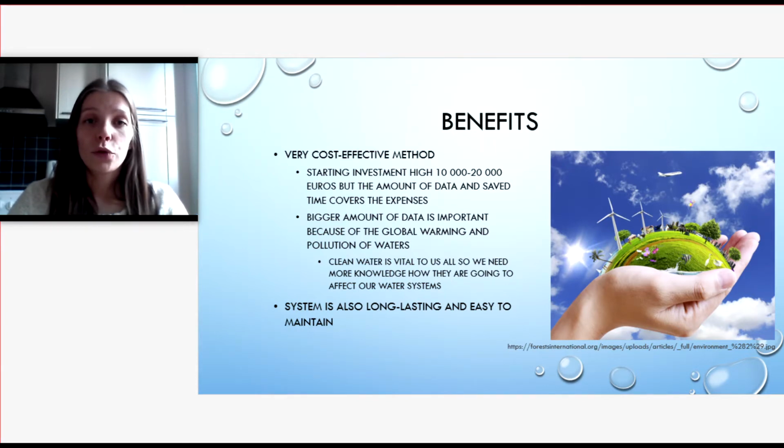The amount of data and saved time are nowadays so valuable that the investment is seen as worth it around the world. And the bigger amount of data is important because of global warming and pollution of waters, because we need more knowledge of how they are going to affect our water systems.